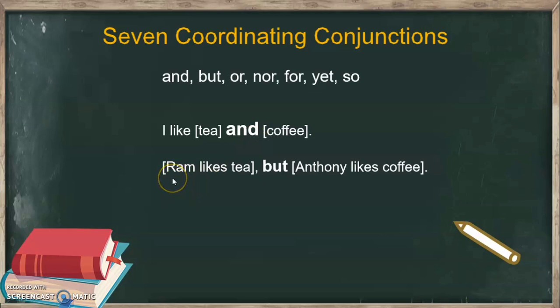Another example: Ram likes tea, but Anthony likes coffee. So tea for Ram, coffee for Anthony. These two clauses here have the same grammatical value. Yes, they have a similar structure.